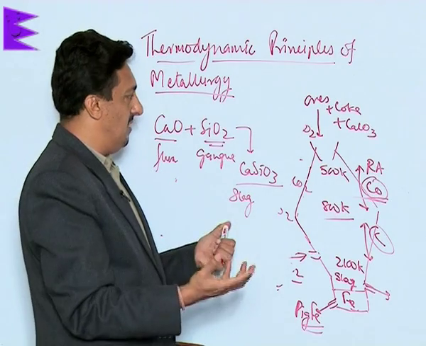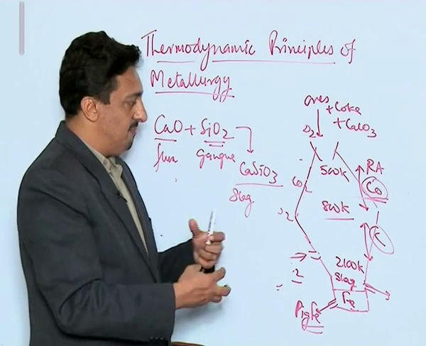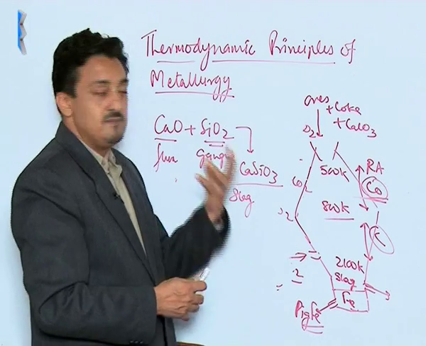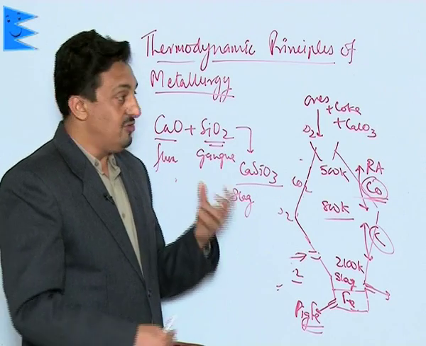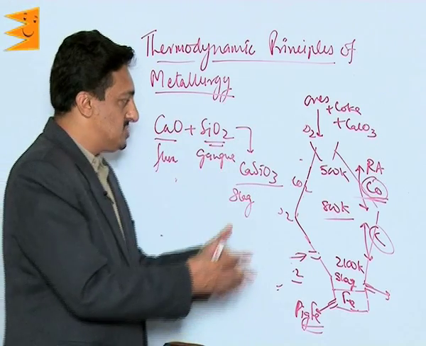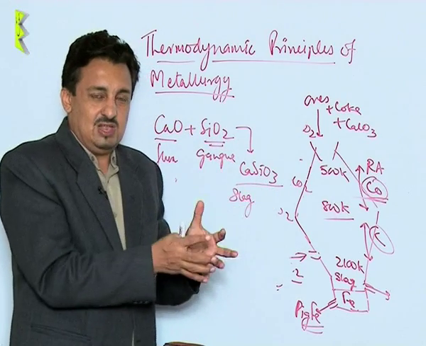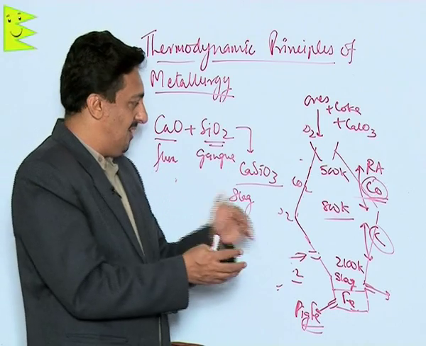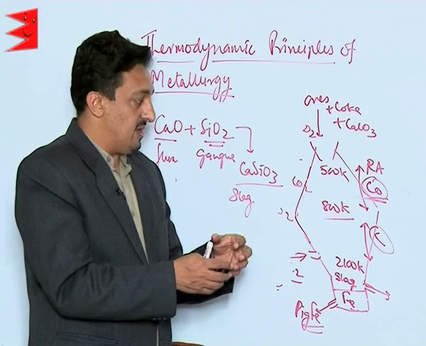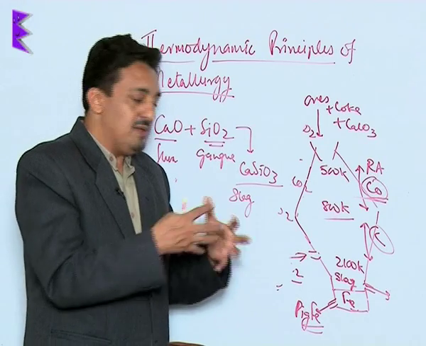So this is how the extraction of crude iron from iron oxide ores is done using simple thermodynamic principles: the basic reaction was thermodynamically non-spontaneous, but when it is allowed to take place with the oxidation of coke or carbon monoxide, it becomes feasible.